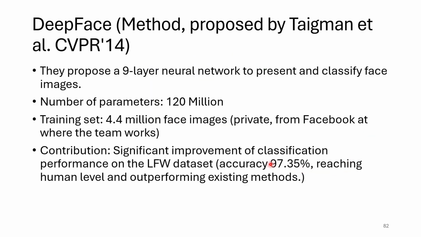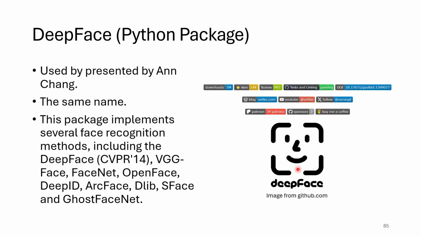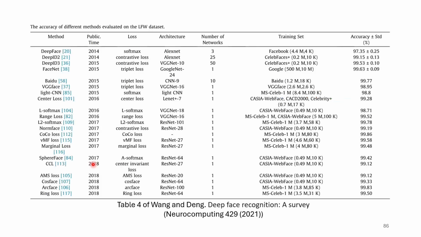And in that year, 97.35 was the best performance. But how about the other methods mentioned in the DeepFace package? Let's take a look. This is a survey paper published 3 years ago, where many face algorithms are compared together. Our DeepFace is here, and you can see its accuracy on Labeled Faces in the Wild is 97%.